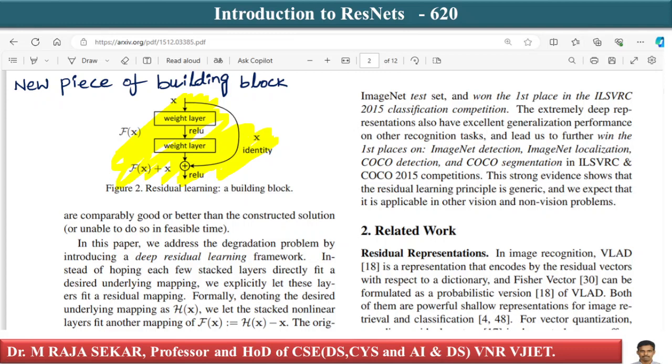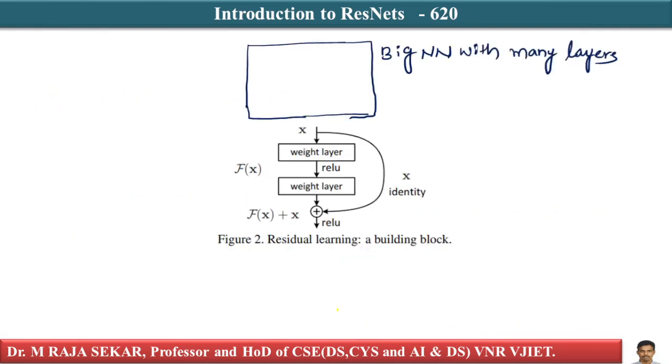Imagine I have a neural network, some big neural network with many layers. This is our basic building block. Above this one, I have a big neural network, big in the sense of neural networks with many layers. I may have a neural network here also, after this block.